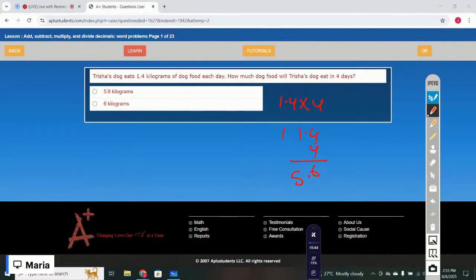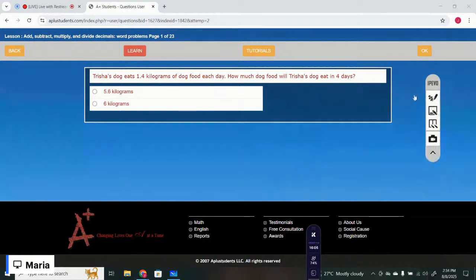That is 5.6 kilograms. Option number 1 is the correct option.